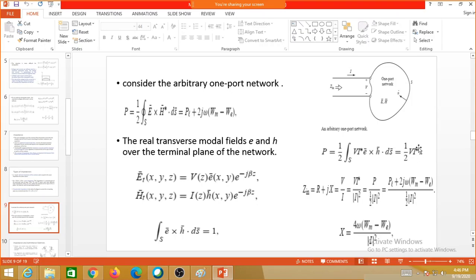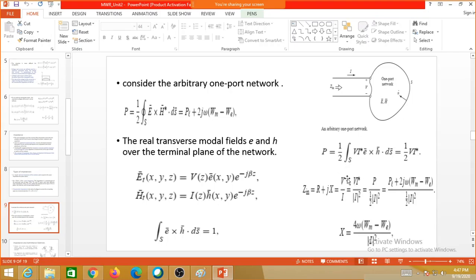So now this V into I star gives 2 into P, or P by half. If you send this half to the other side, V into I star is P by half. Now we know the equation for impedance: Zin equals R plus jX, or the V by I ratio.